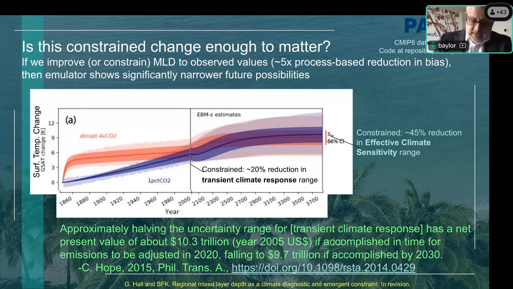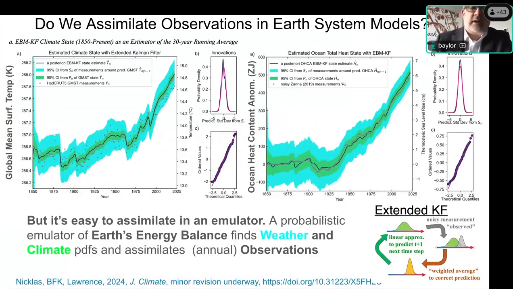So before I run out of time, I want to talk just a couple of minutes about this other emulator. And this idea is very similar to the last one. It has a surface temperature and a deep ocean temperature and an exchange between the two. It's based on almost the same equations, but this time we use this system to assimilate observations. So rather than a free-running emulator or a free-running climate model, this is a data assimilating emulator.